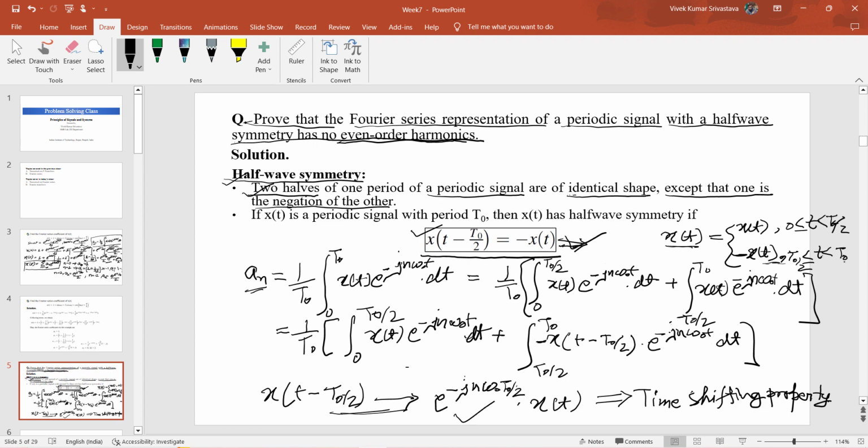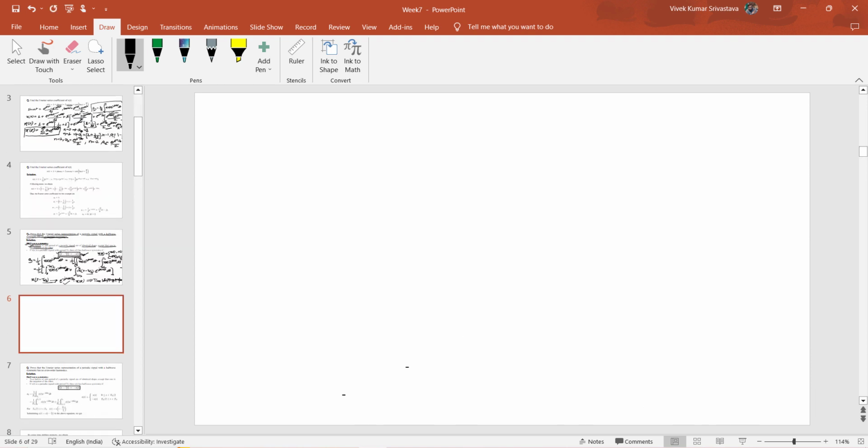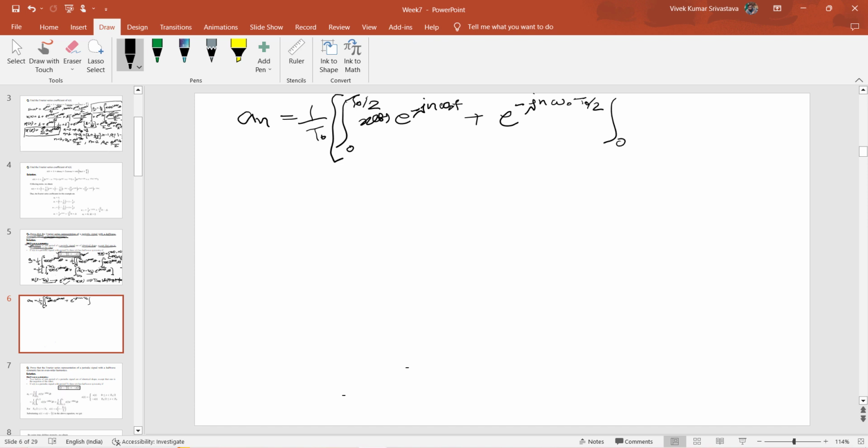So by using this time shifting property, we can easily write a of n as 1 over T naught, integral 0 to T naught by 2, x of t into e raised to the power minus j n omega naught t, plus the integral, e raised to the power minus j n omega naught T naught by 2, in 0 to T naught by 2, x of t into e raised to the power minus j n omega naught t dt.